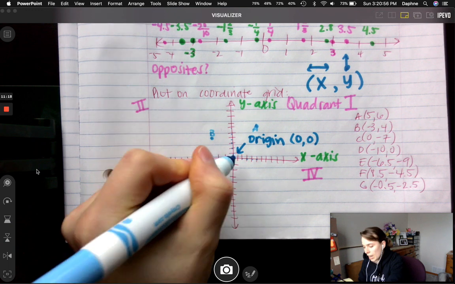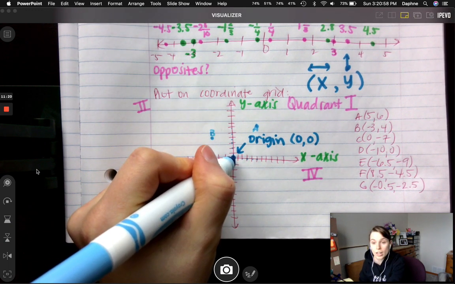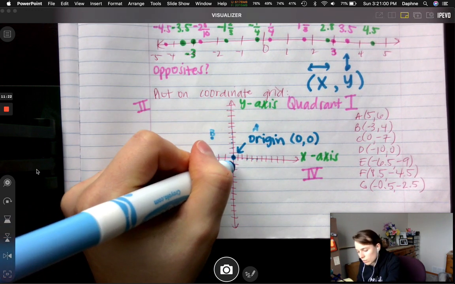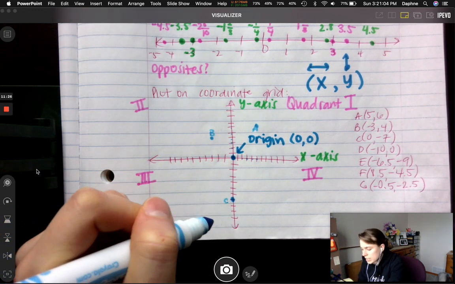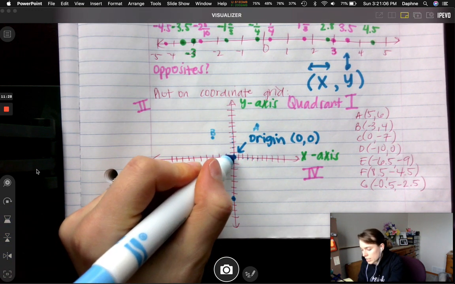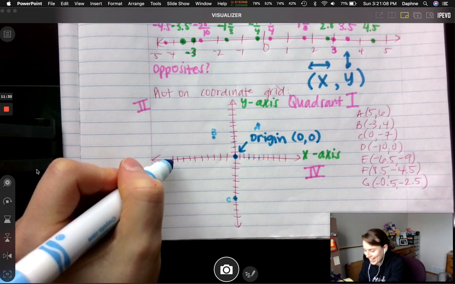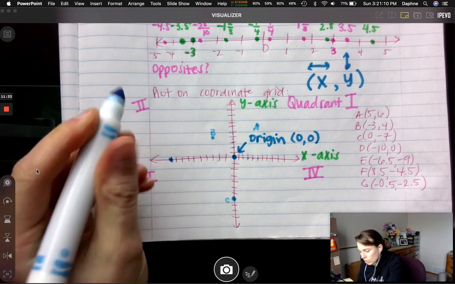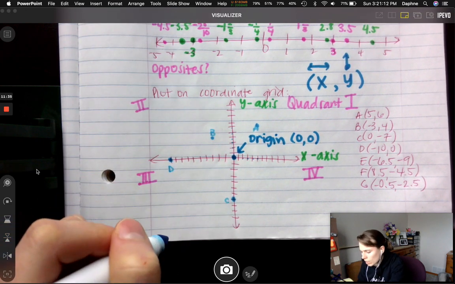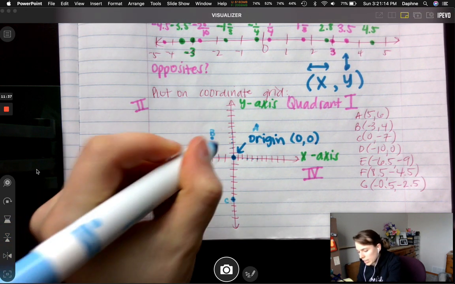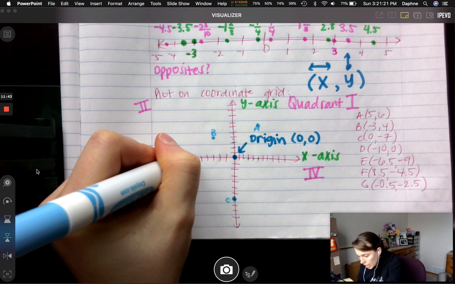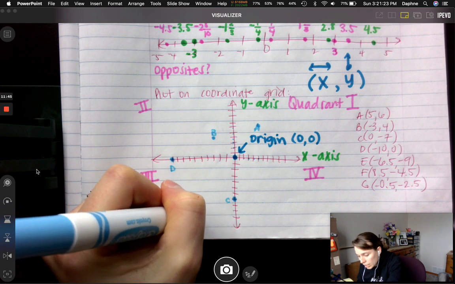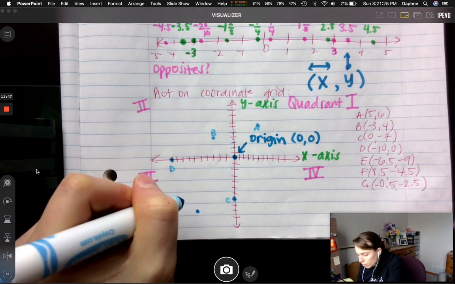C, I have nothing going left or right. I'm starting at 0 on the X, but I'm going down 7. 1, 2, 3, 4, 5, 6, 7. D, I'm going left 10, which I know is 10 because I counted 10, and I'm not going up or down, so that would be D. E, negative 6, 1, 2, 3, 4, 5, 6 and a half, but then going down 9, which is not quite all the way.